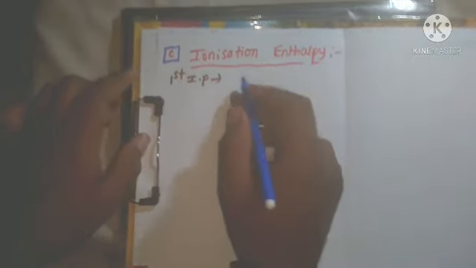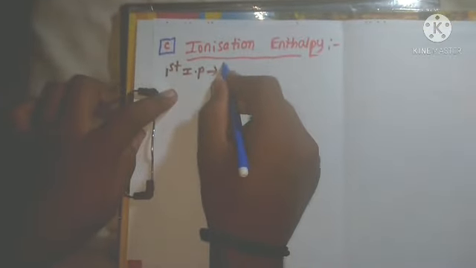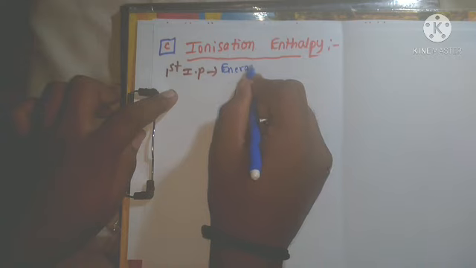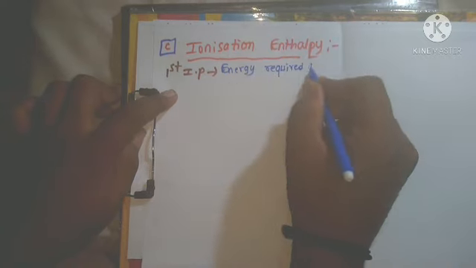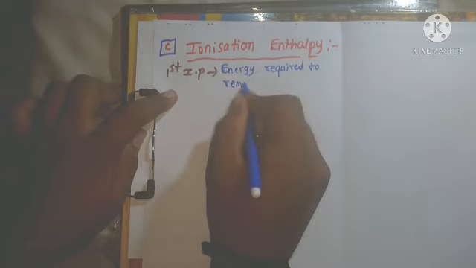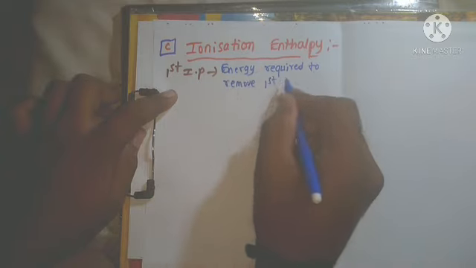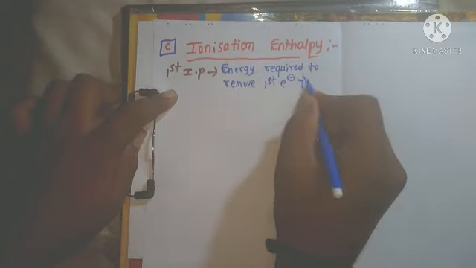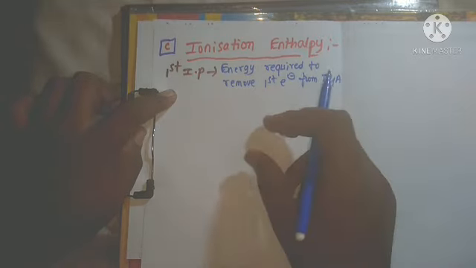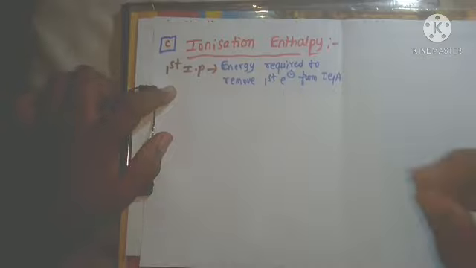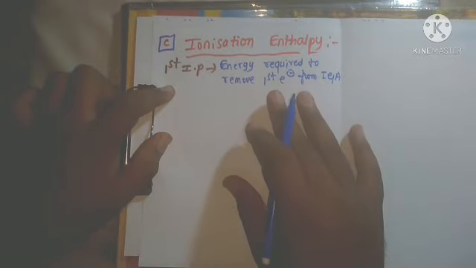Energy required to remove the first electron from an isolated gaseous atom. In the given atom, if you want to remove the first electron, you have to apply some energy.